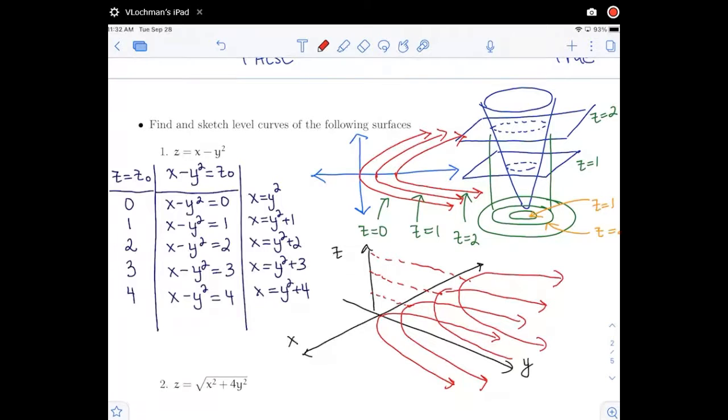Okay, so let's take a look at this. Take a moment with this problem right here. Take a look at it. Let me know if conceptually everything makes sense to you guys.